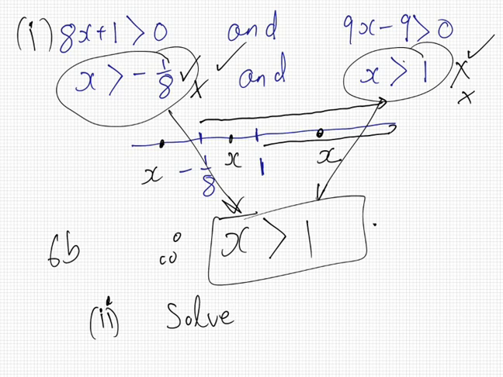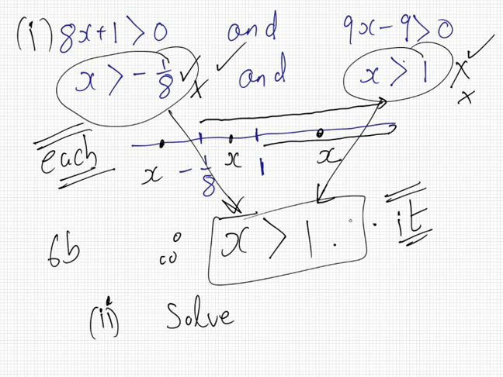The key word you're looking for in the exam is each. Okay? If the question said, when are each defined, then you have 2. But if it just said, when is it defined, then they just want this answer. Okay? So in the exam, you're looking for each or it. Each means you can stop there, but it would mean you'd have to simplify. When are each defined? When is it defined?